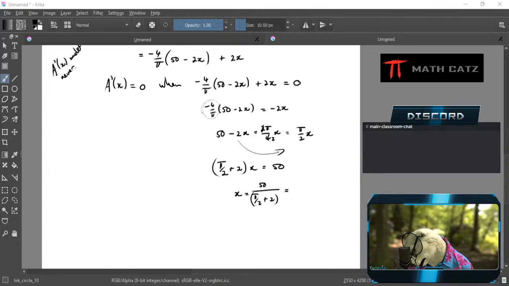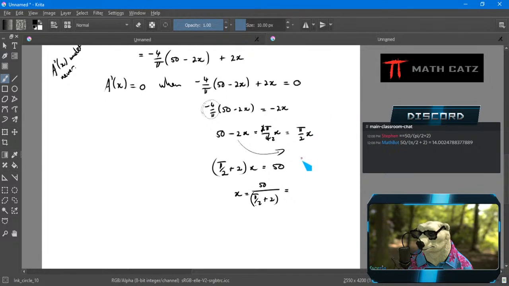All right, 50 divided by, in brackets, pi divided by 2 plus 2, close the bracket, and we get 14.0025 if I round it to 4 decimal places.